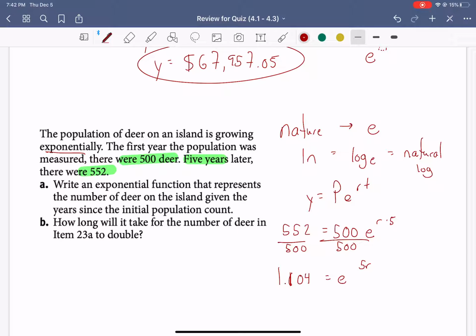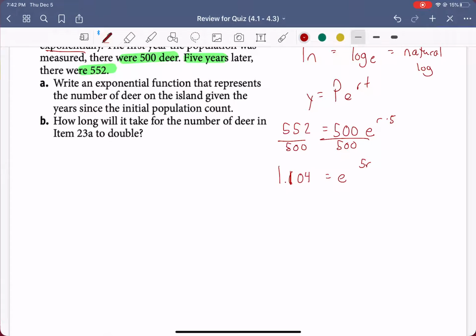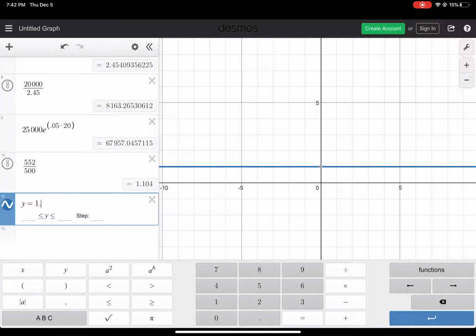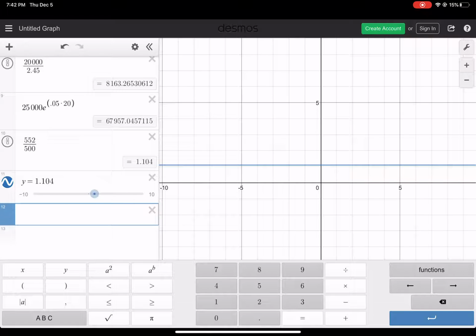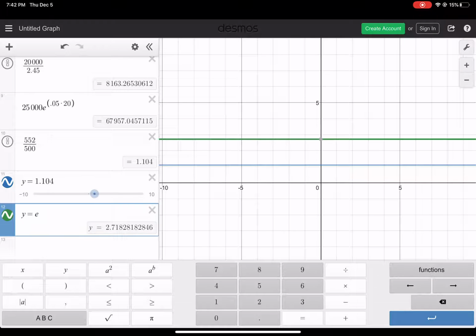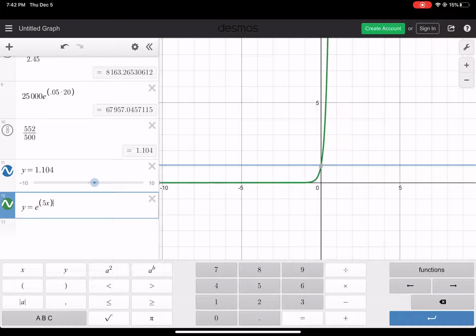This was supposed to be before we had logs, so we don't know how to solve this yet. So what we talked about in class is we can actually graph these two things. So y is equal to 1.104, and then y is also equal to our equation, which is e raised to the power of 5, and we have to say x here.